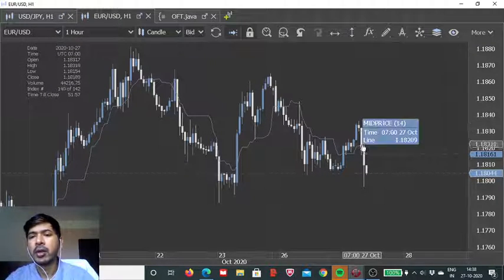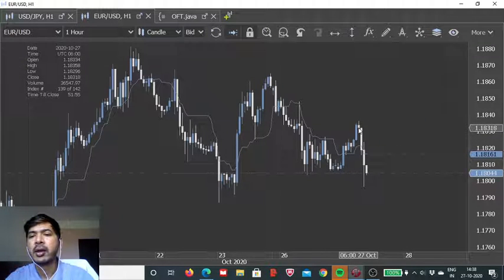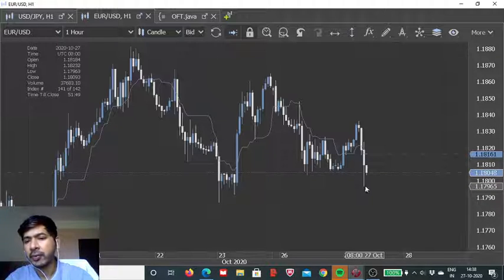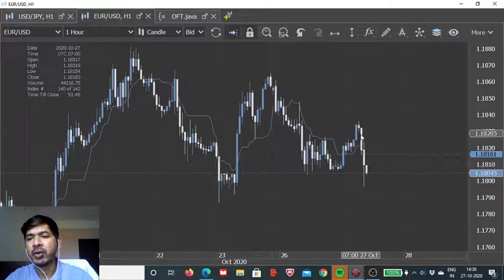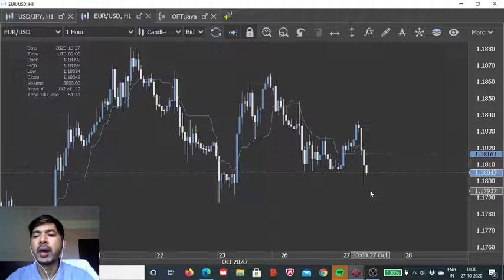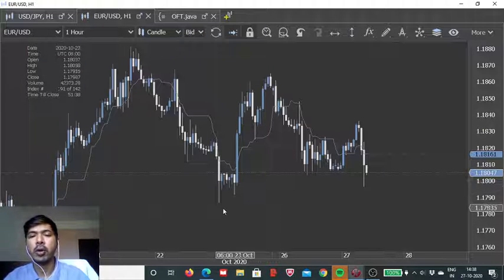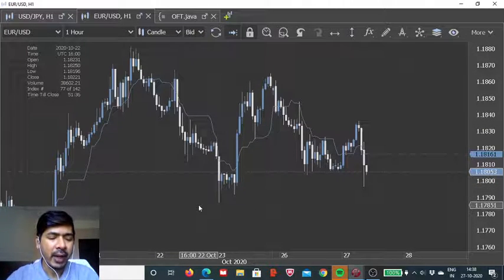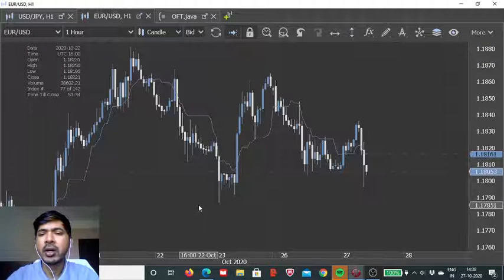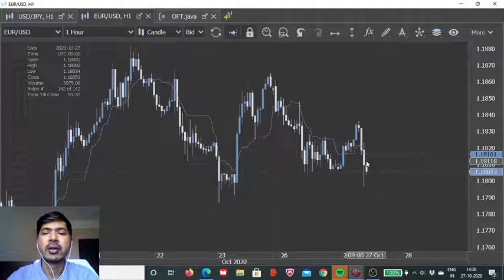So here the last 14 hours high, most probably, and this is the most recent as well as the lowest low. So we have this being calculated, and this is simply the midpoint of the highest high and the lowest low. You get the idea on which side of the average price the trend is moving.